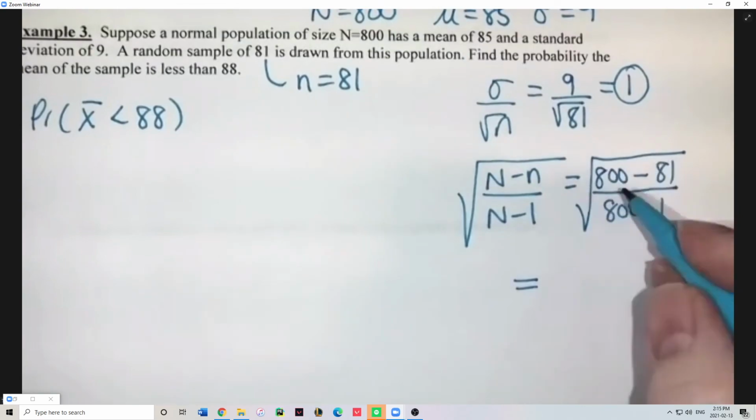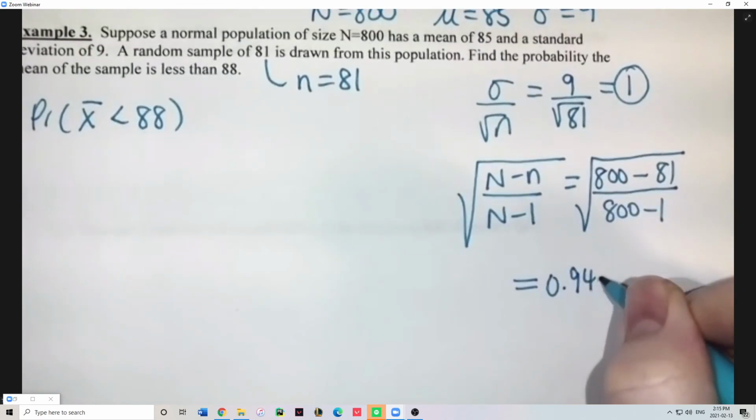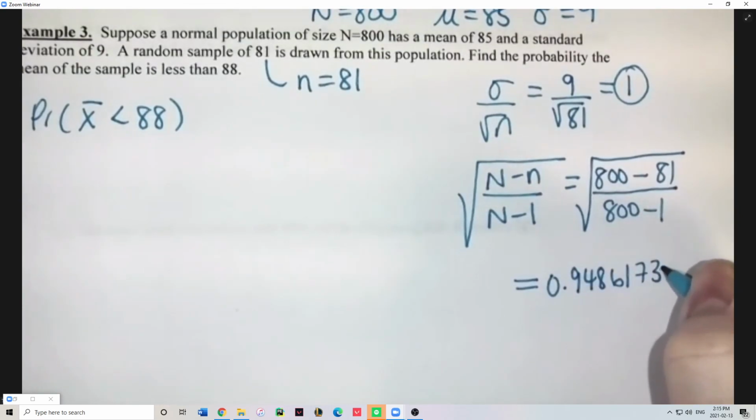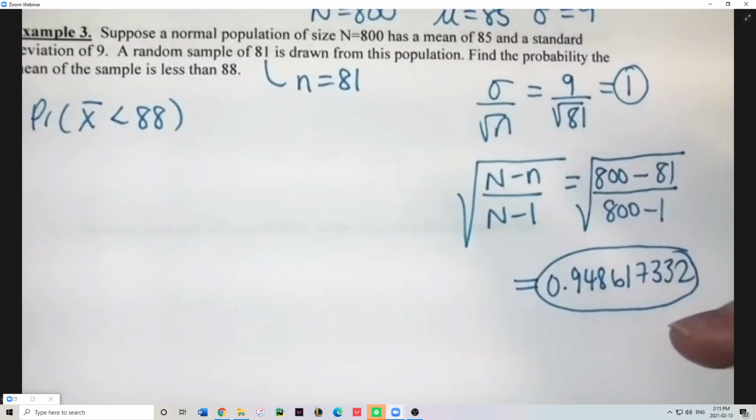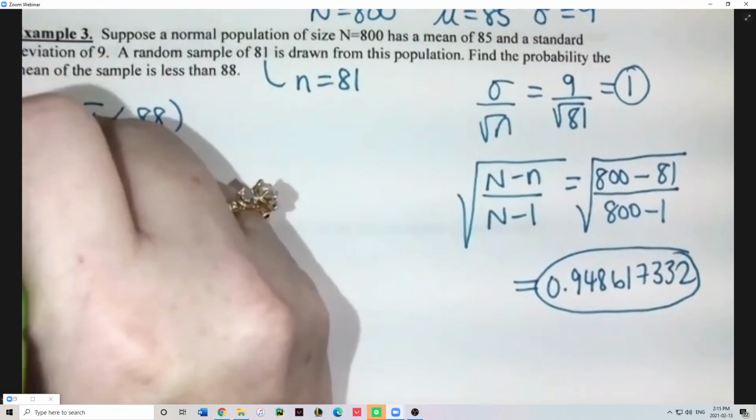And if you type this in and you keep all the decimals, it's 0.9486173332. I like to do these off to the side and then put them in. I find it easier than trying to type in the whole thing all at once because it gets to be a bit crazy.